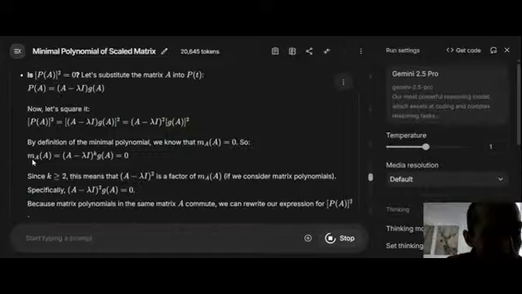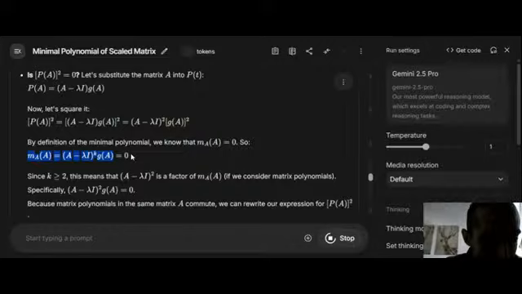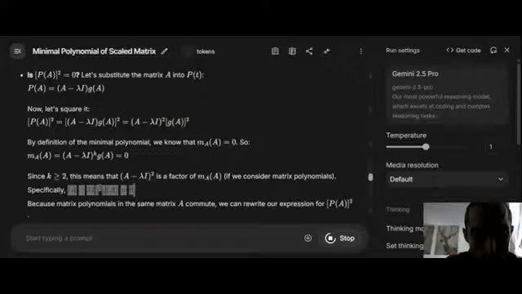Let's try to ask it. If the minimal polynomial of a matrix is, can I conclude that?